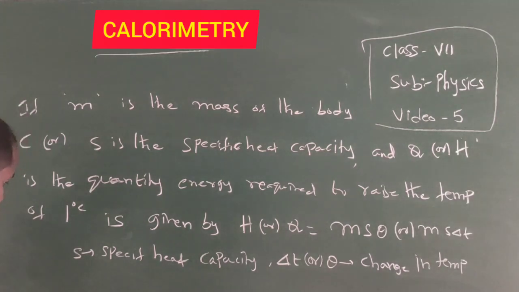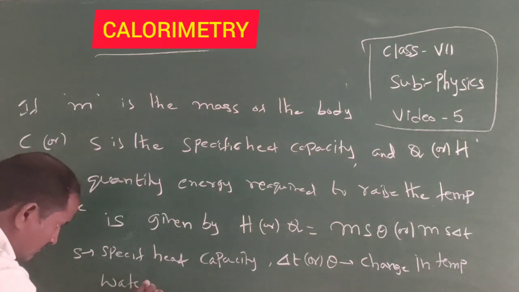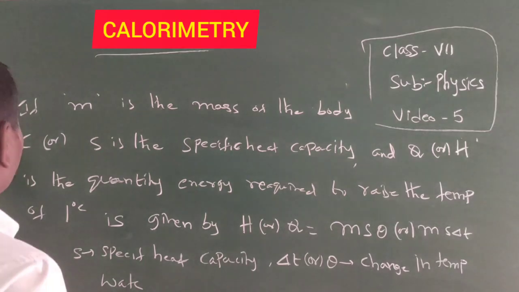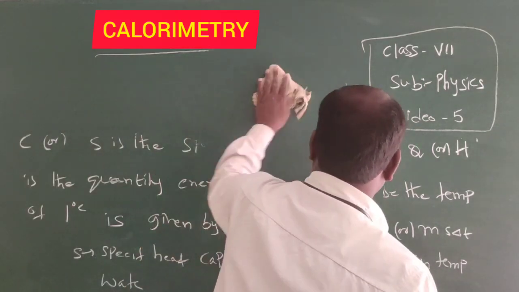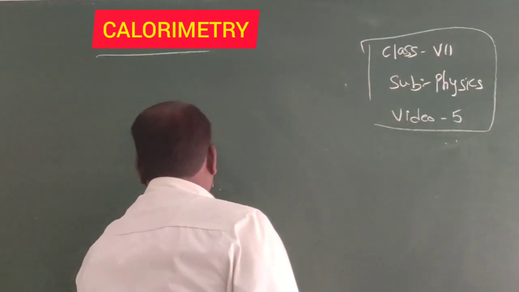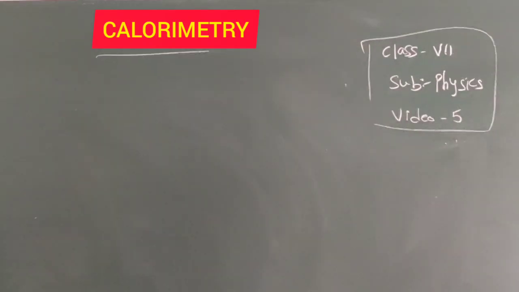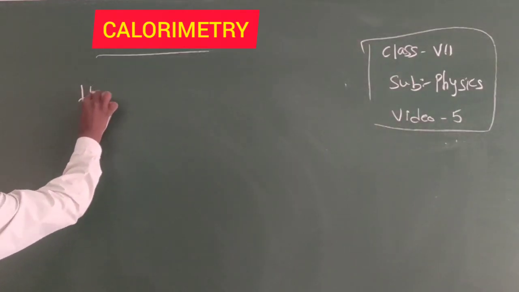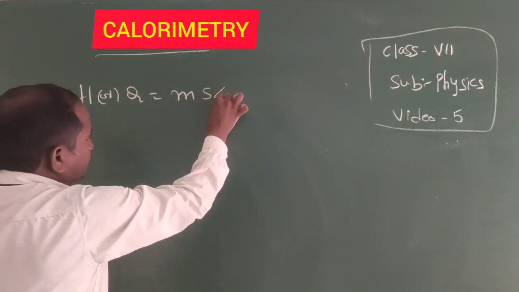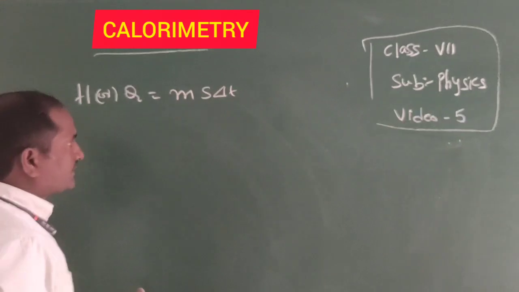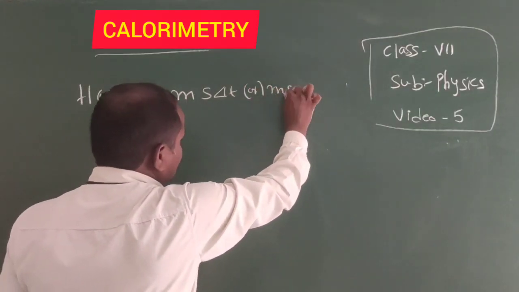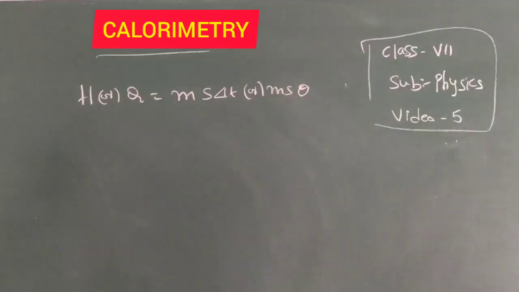The equation is Q or H equal to m s delta T. Here Q or H is the heat energy, s means specific heat, we can write C or S also, and delta T or theta means the change in temperature.